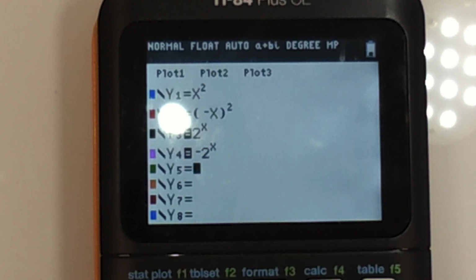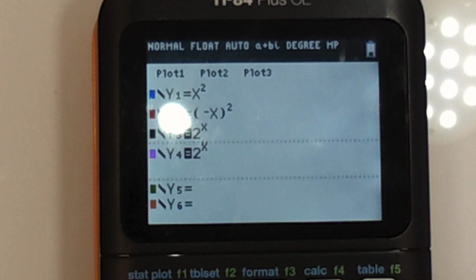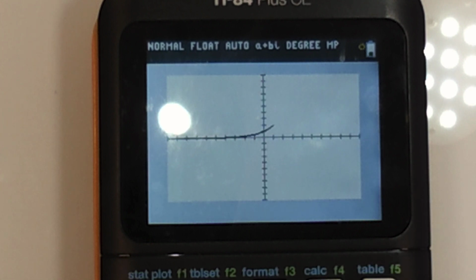If I put the negative inside the function, where the x is, does it do anything to the exponential? Yes. What did it do to go from the black graph to the purple graph? It flipped it across the y-axis. It flips it left and right.